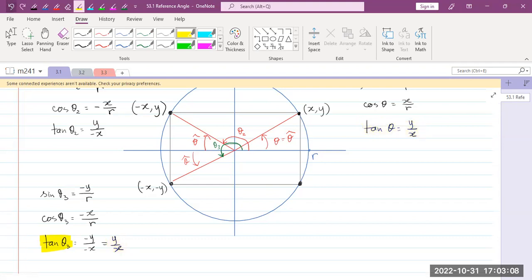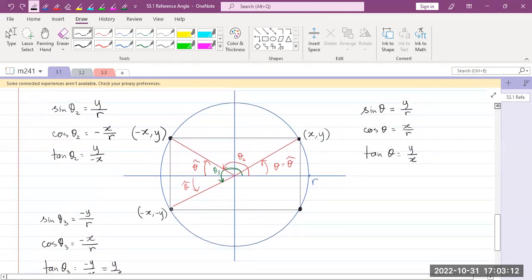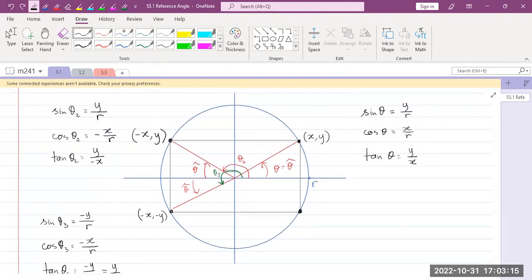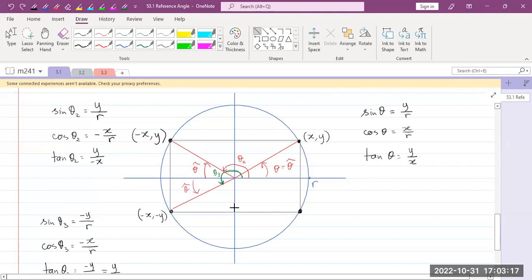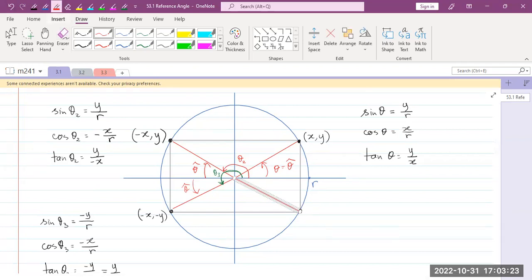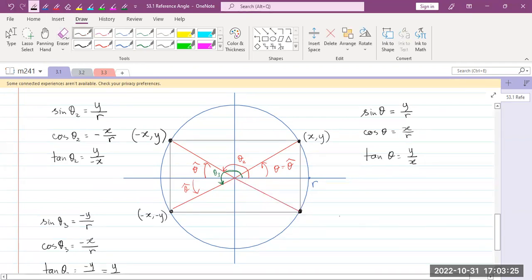If we switch our view to quadrant 4, the coordinate with the same reference angle in quadrant 4 is this coordinate here. It has the same x but opposite y compared with the coordinate x, y in quadrant 1.